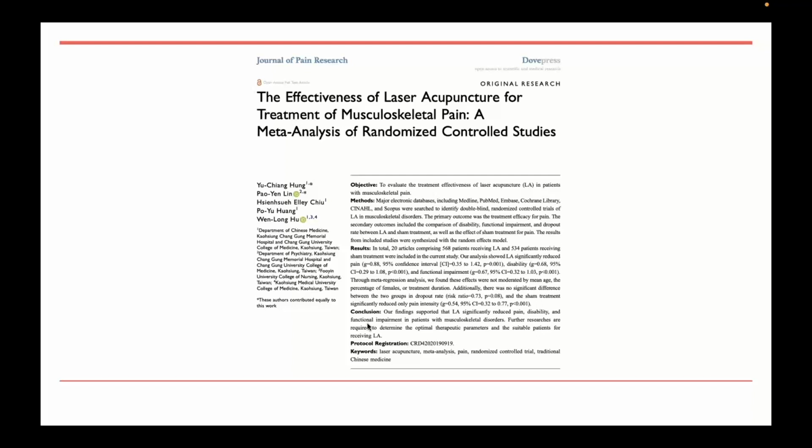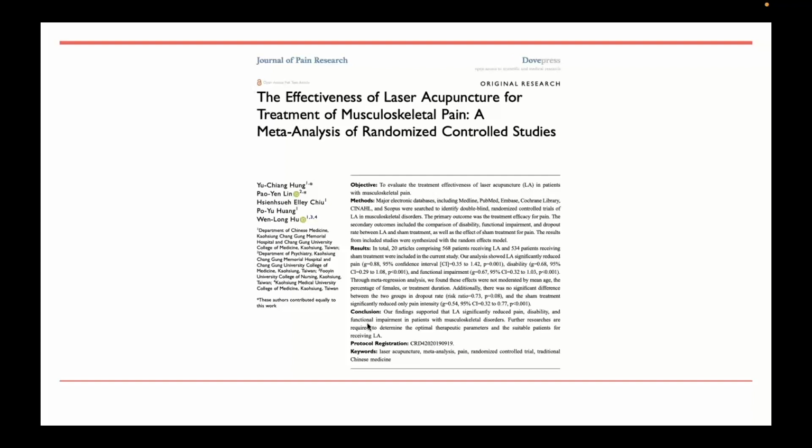Now, this last paper just came out in June this year, and it's another meta-analysis describing the analgesic effect of laser therapy for musculoskeletal pain in people. It includes over 1,000 patients from randomized controlled studies, about half of them receiving placebo treatment and half receiving laser therapy.